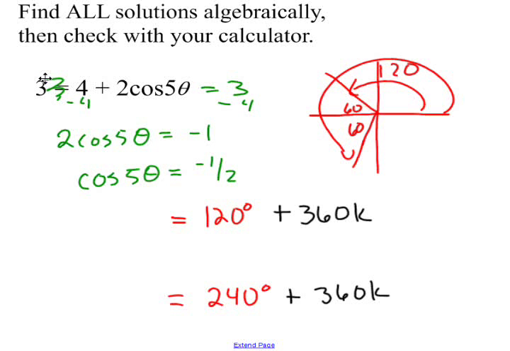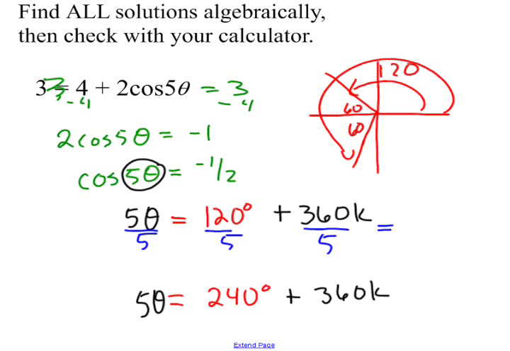Now this isn't equal to theta though. This is actually equal to 5 theta. So there is one more step we need to do, and we need to solve for theta, which means we divide by 5. And so my answer should be 120 divided by 5, which is 24, plus 360 divided by 5, which is 72k.